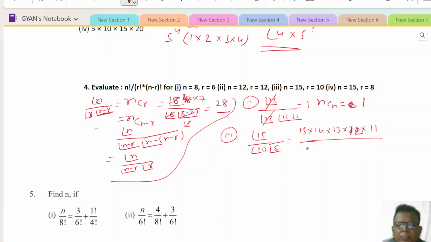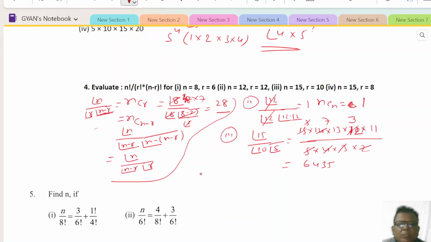The factorial 5 is 5, 4, 3, 2. So if you calculate that, you will get 3003.